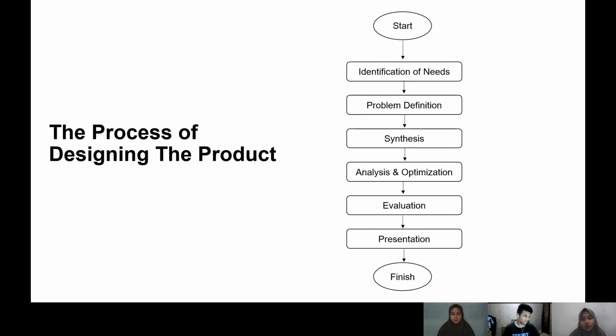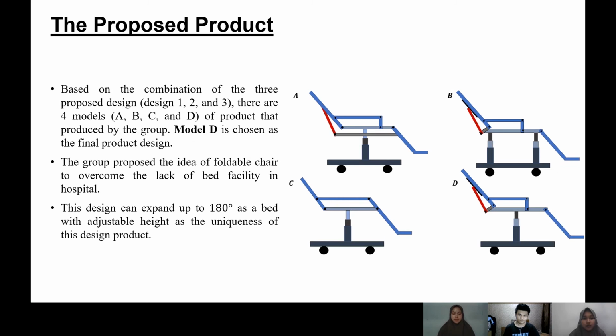Then we conduct the analysis and the optimization, and then we do the evaluation after the analysis and optimization. And for the last one, we present our product design and the analysis. The next part will be explained by Glenn.